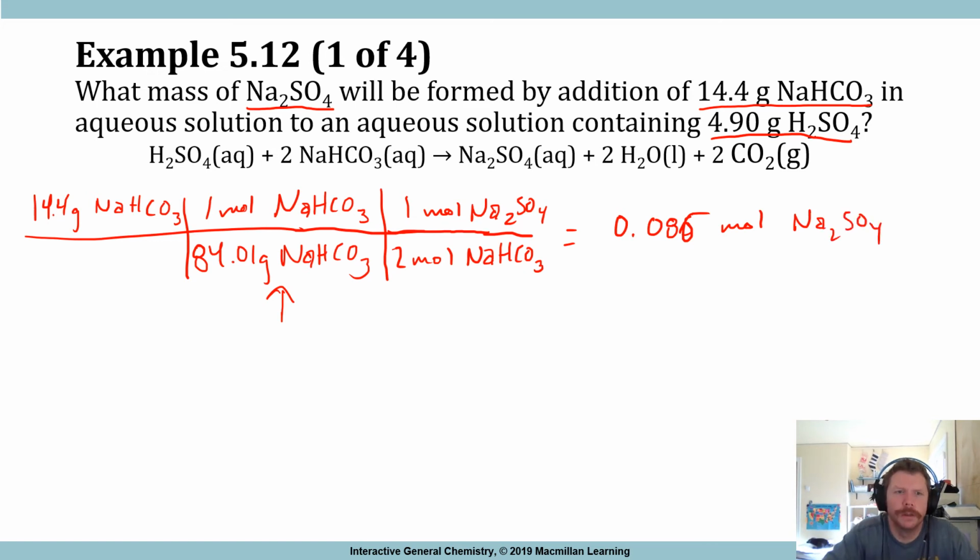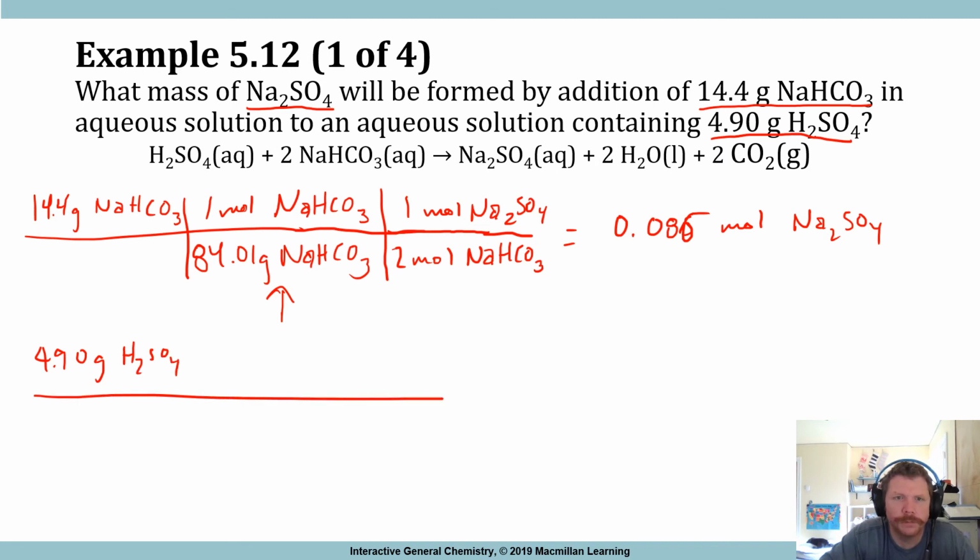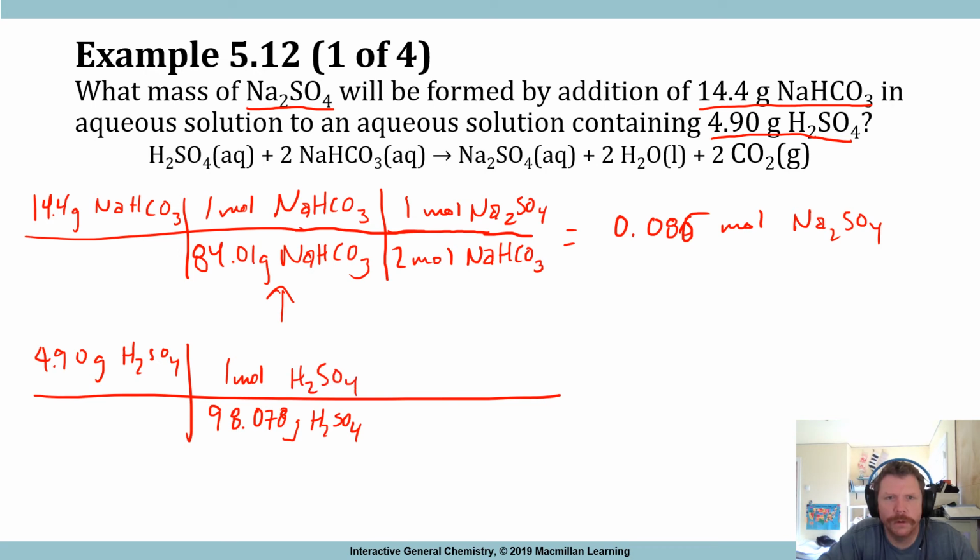Na2SO4. So now I want to figure out if my 4.9 grams of H2SO4 will produce a larger number of moles of Na2SO4. So I'll set up 4.90 grams of H2SO4. Then I will say 98.078 grams H2SO4 is 1 mole of H2SO4.